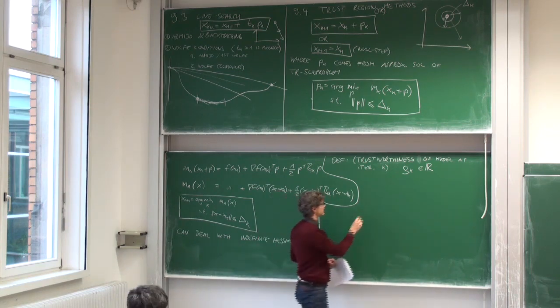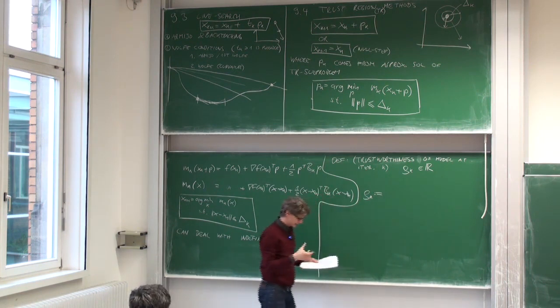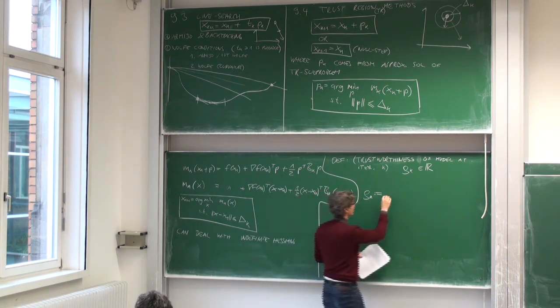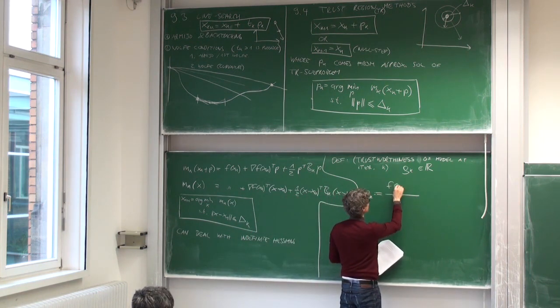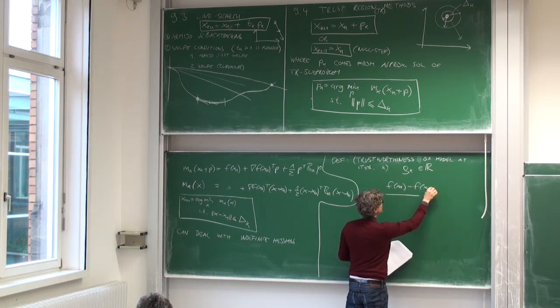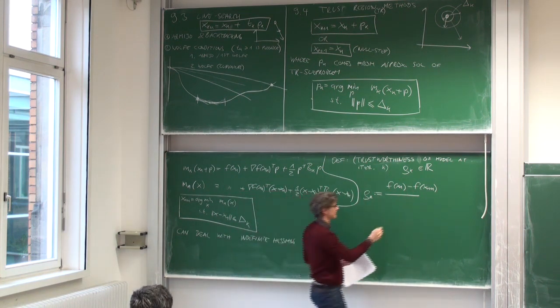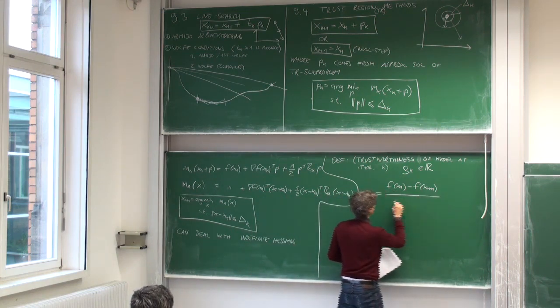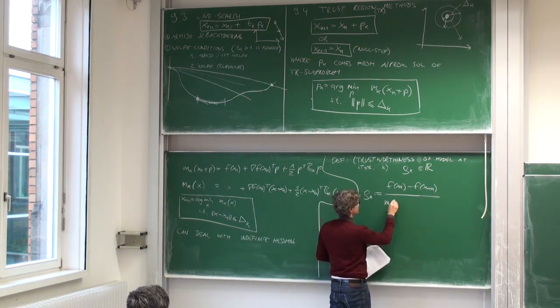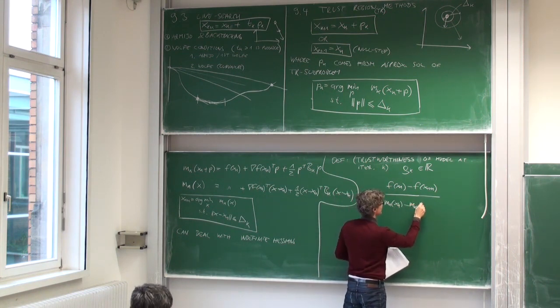And this real number is defined to be the quotient of two quantities, namely of the actual decrease. I mean, our function, in the best case, would actually go down. That means that this quantity would be a positive one, but it might not be, if we are unlucky. And we divide this by what our model prediction was saying for the same thing.